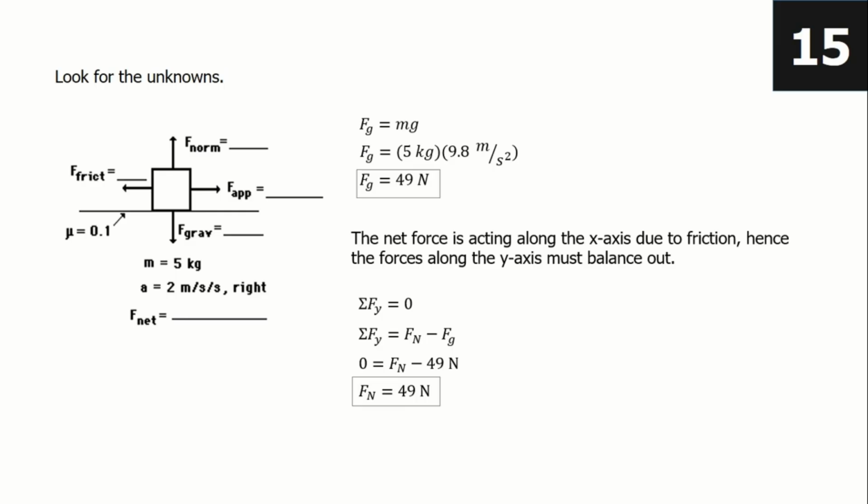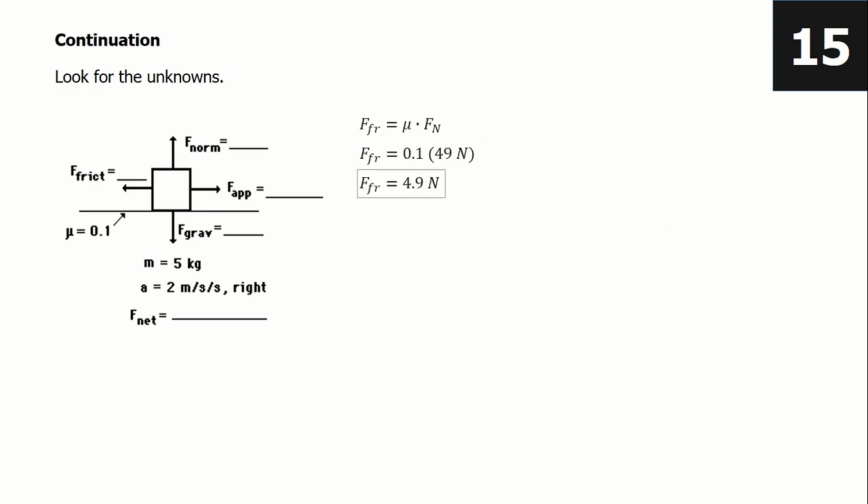That means the normal force exerted on the object by the surface is equivalent to its weight, which is 49 Newton. So again, you were able to compute for the normal force. That means you can solve for the frictional force by multiplying that by 0.1. Your frictional force is 4.9 Newton.